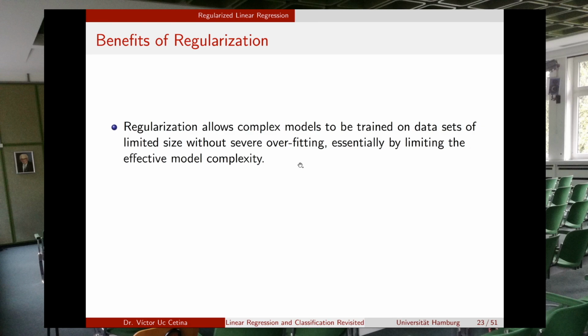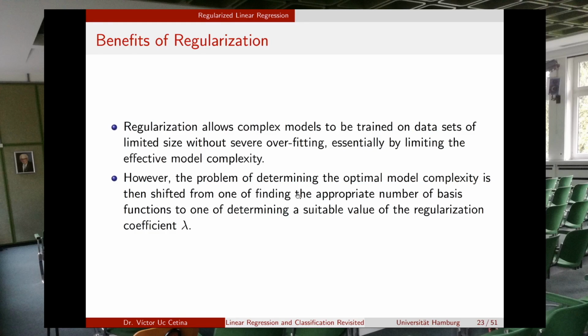So when we add this regularization term, what we do is say, okay, we want you to reduce the error to predict the outputs of the input values, but also I want you to keep the magnitude of the parameters small. So that's what we are doing when we are applying regularization. We limit the complexity of the model.